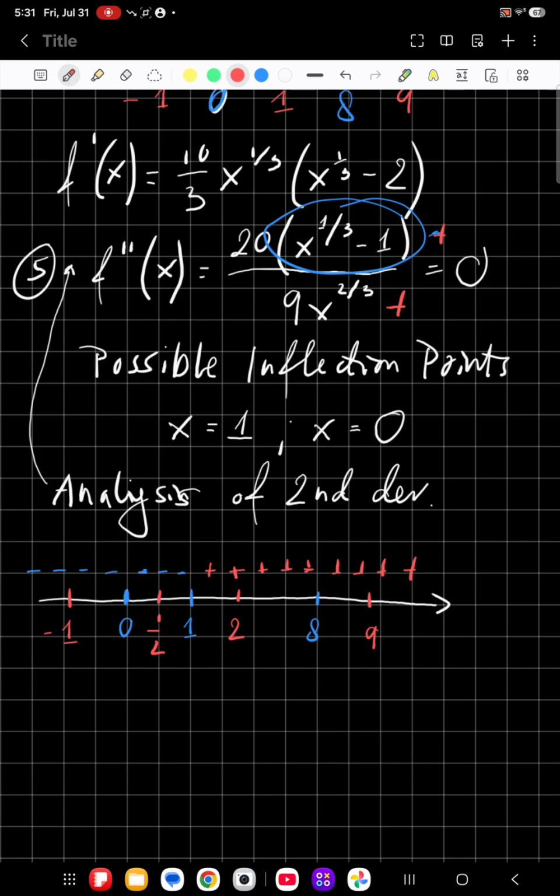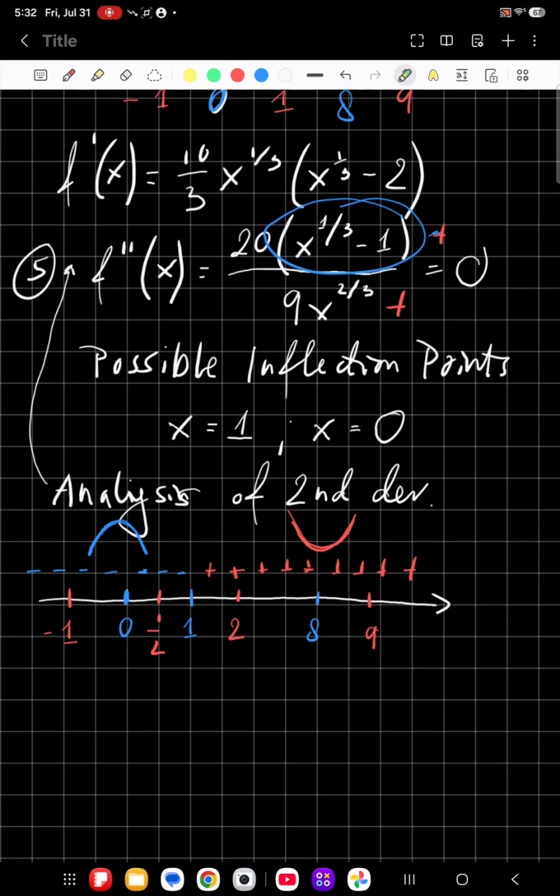Okay, so the conclusion. This will be concave down, and this will be concave up. Right, so you see what's happening, right? So I have one inflection point. I wonder if you know which one it is.